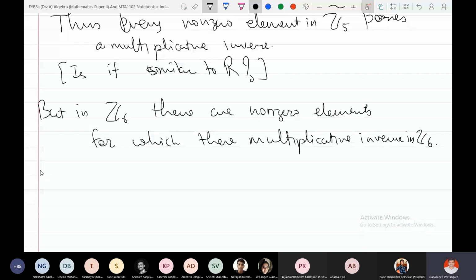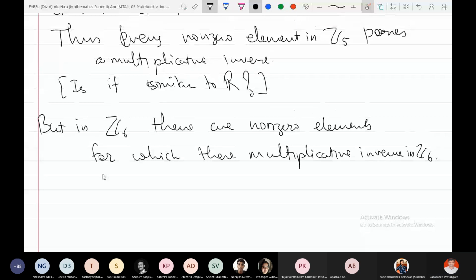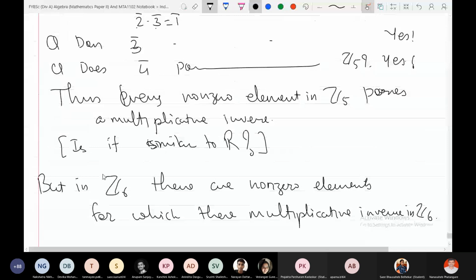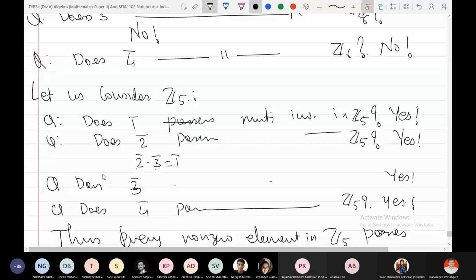From this, if you observe the tables of Z7, Z3, Z5, Z6, what can be the general statement? What can be the general statement?